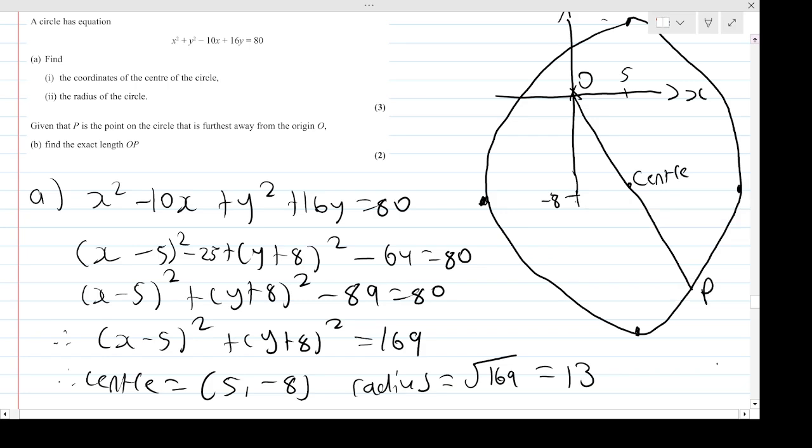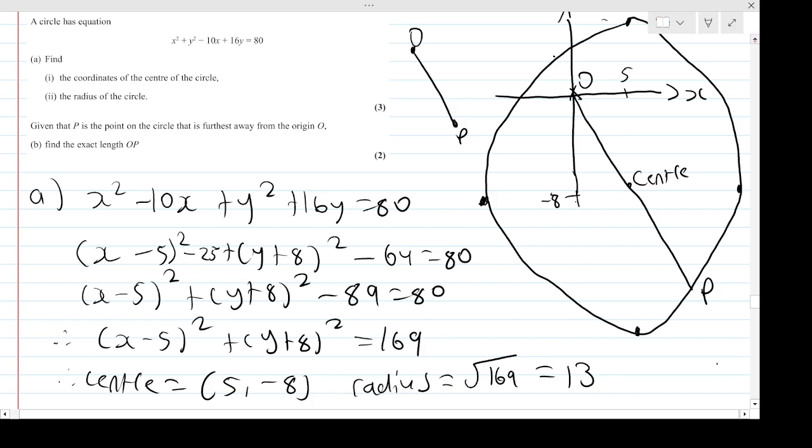Now, we don't need to find P, really, well, we couldn't really find it anyway, but we do need to find the distance from O to P. Again, if you draw a line from O to P, the origin, well, it's not a diameter, because obviously the diameter would also include going to another point on the centre.